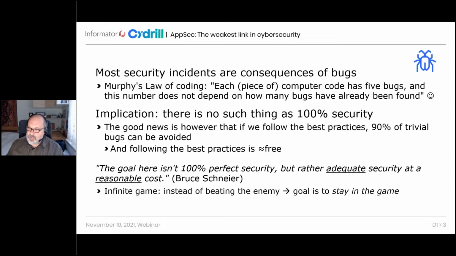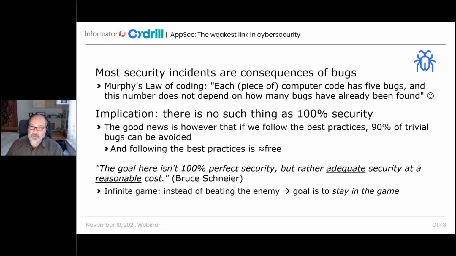So this is the starting point of the whole journey, no matter if you're talking about managers managing software development projects, or developers developing code, or architects, or even testers trying to find all these bugs in the code. The journey starts with this pretty harsh statement: there is no such thing as 100% security.